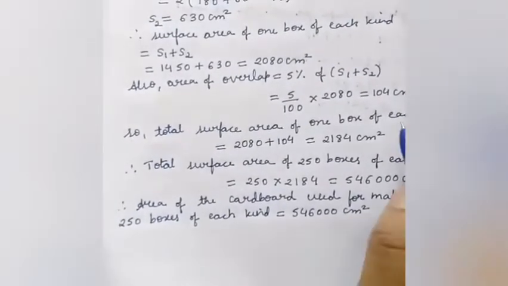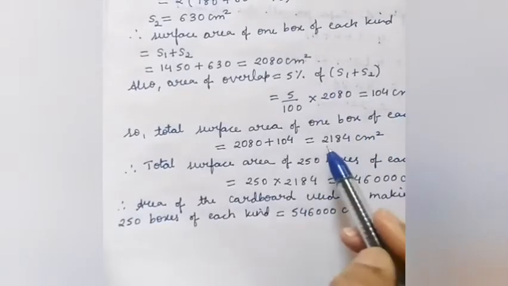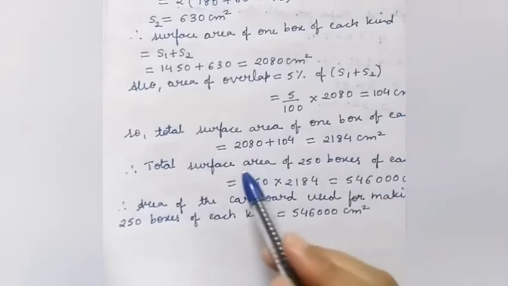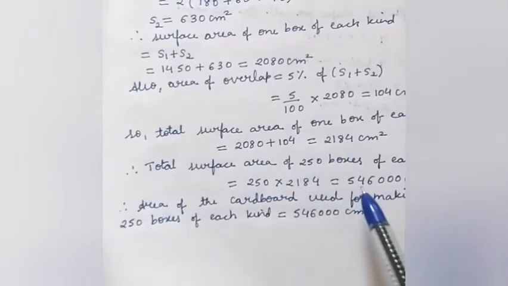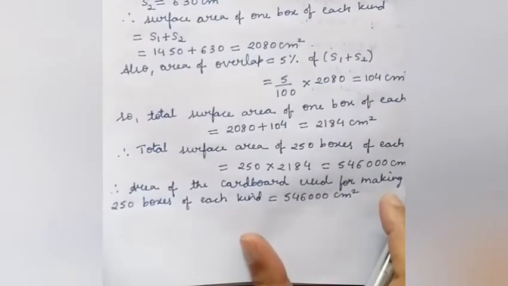So for each box of two types, we are getting it along with the overlap of 5%, we get it equal to 2184. Now for 250 boxes, we are getting 5,46,000 centimeter square area of the cardboard which is used.